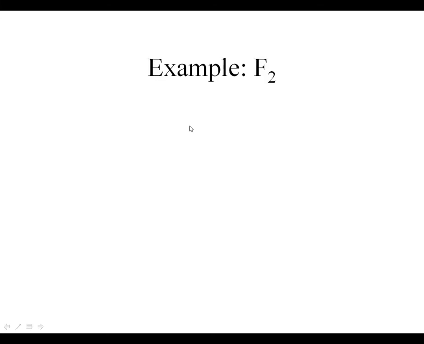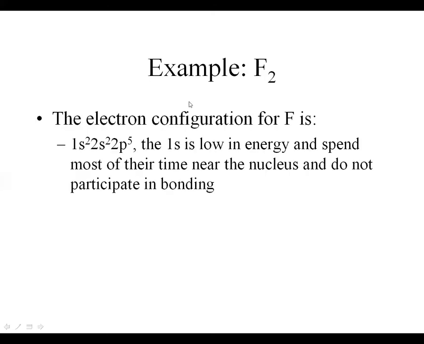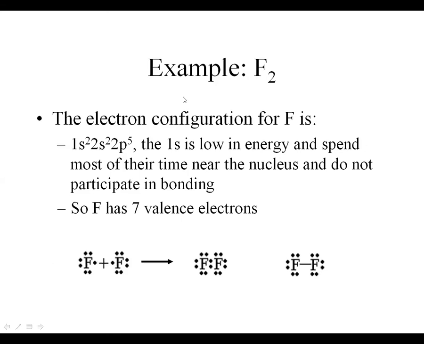So for example, if we look at F2, fluorine, which is group number 7. And what that means, again, a reminder that if you go to the periodic table, group 7 means that fluorine would start like we see on the bottom there with 7 valence electrons.